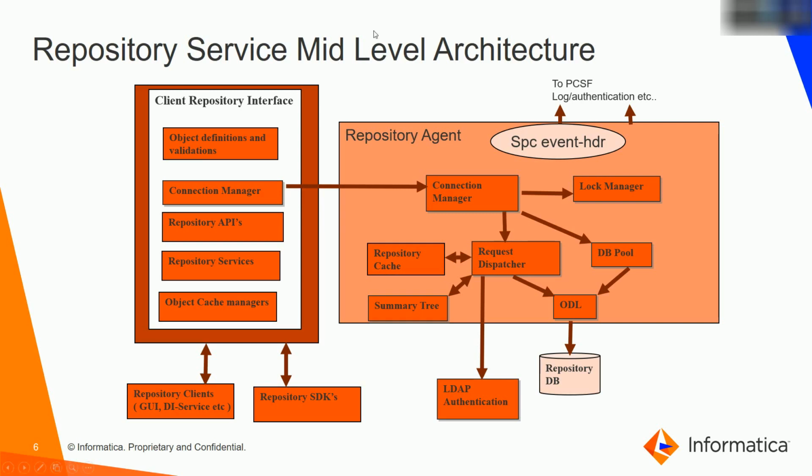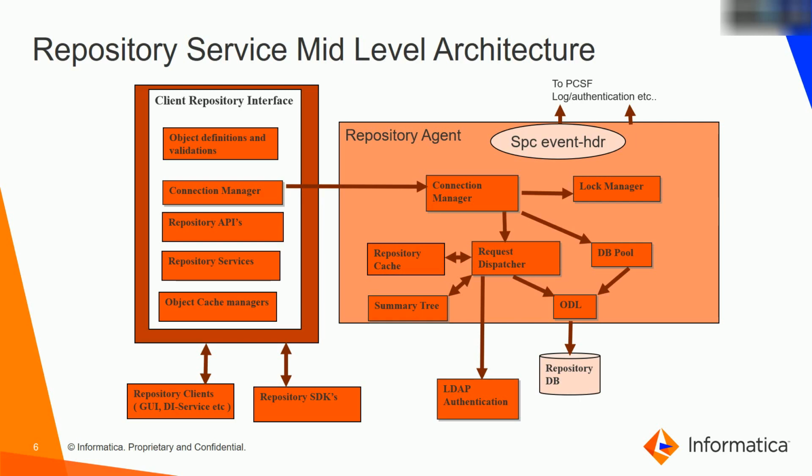There are multiple threads which get created when the repository service agent gets started. These are called internal threads, and there are many categories of them. The repository service has a main thread which listens for new client connections.